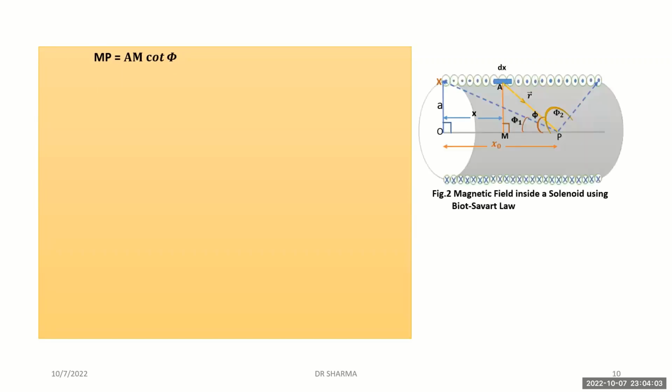Now from the figure, MP is equal to AM cot phi. From the figure, check MP: this length is total length x naught minus x, and that x naught is fixed or constant. So the derivative of this x naught will be 0.